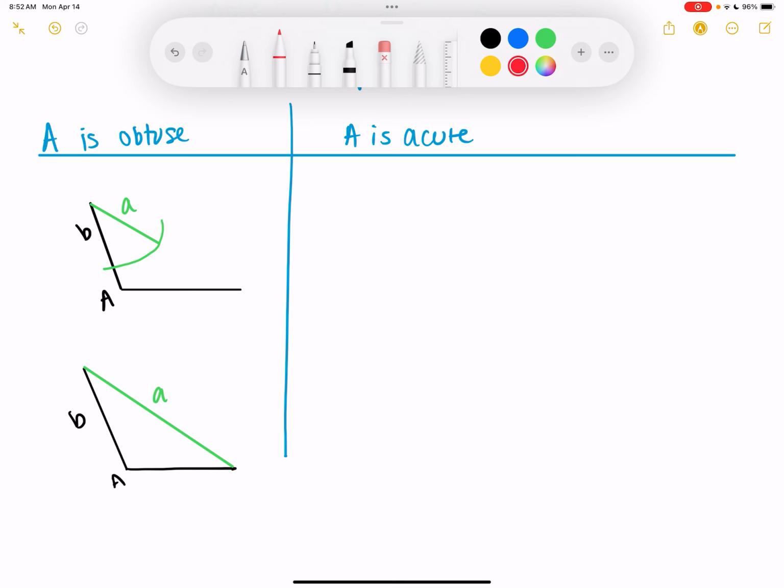And so that situation would be that side A is less than or equal to side B. If they're equal, it will not intersect either. If A is less than or equal to B, it never comes down to get to this side, so there is no triangle.